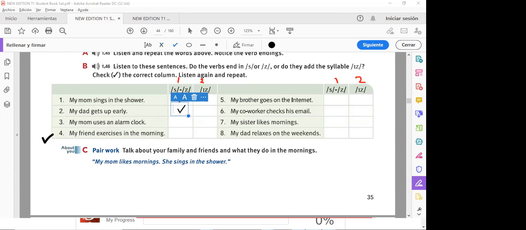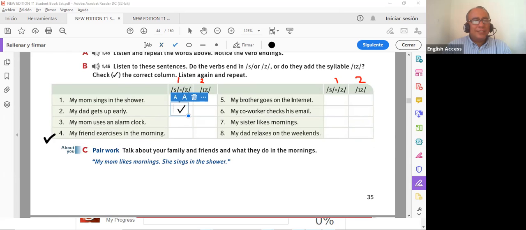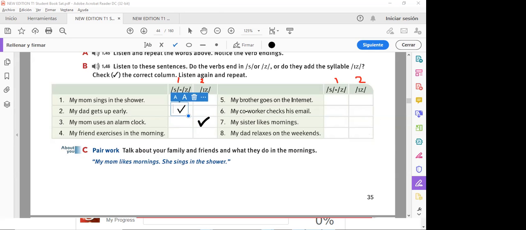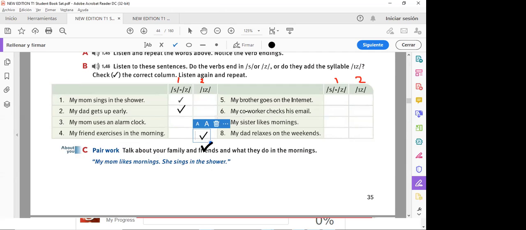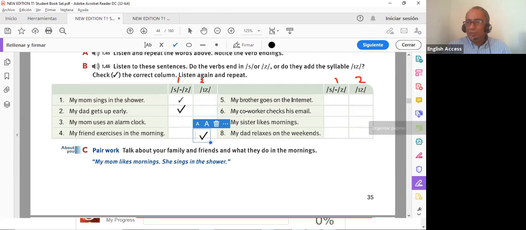My mom uses an alarm clock. Uses. 1 or 2? Number 2. 4. My friend exercises in the morning. Exercises. Column 1 or column 2, Pacheco? Column 2. Thank you, Fatima.